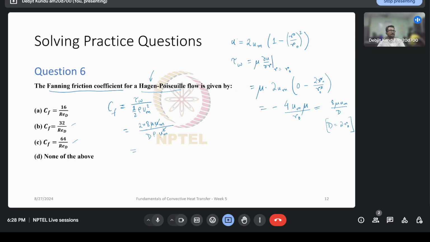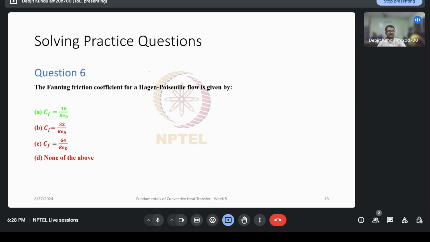So the rest of the things, you can see that rho u D over mu, that's nothing but the Reynolds number, and 2 multiplied by 8 gives me 16. So this becomes 16 over Re_D, where Re_D is basically rho u times diameter by mu. So it should be option A, that is 16 over Re_D.